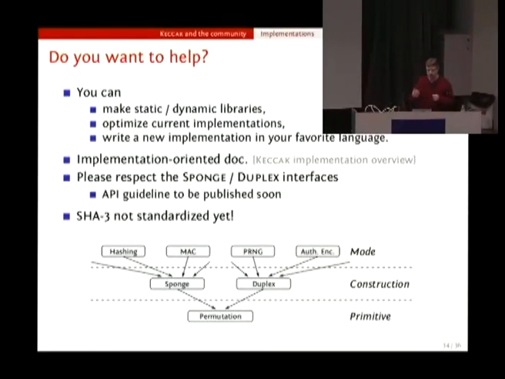And I think that the best way to be future-proof is to stick to the definition of sponge and duplex, to have an API consistent with the definition we put on sponge and duplex, because I don't think that NIST will try to change that level of abstraction. So if you have time, please go ahead. And that's about it I had to say.